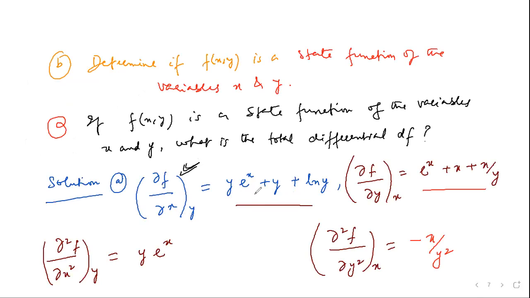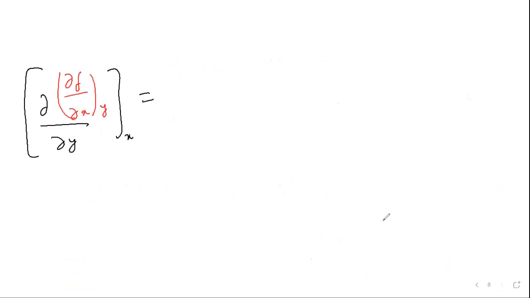right? When I do that, y constant, this will be 0. This is also 0. What I get is simple, first I will write the answer, then I will check it. So it is y e^x plus 1 over y. See what I have to do, I have the derivative of the function with respect to x.